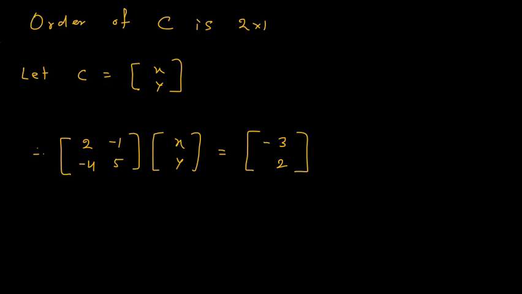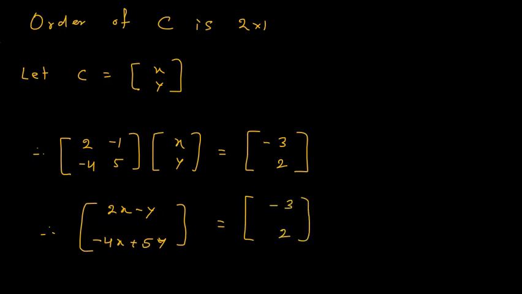Okay, so therefore here this 2 into x, 2x, minus 1 into y is minus y. Here we have minus 4x plus 5y is equals to, here we have minus 3 2.